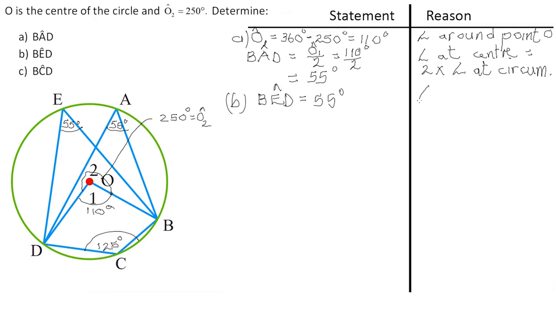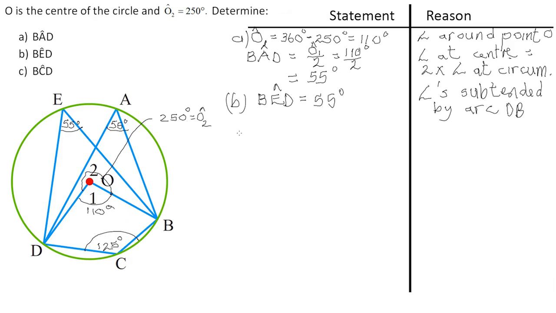Why? Angles subtended by arc DB. You can see it clearly. It subtends that angle. It also subtends the other angle.